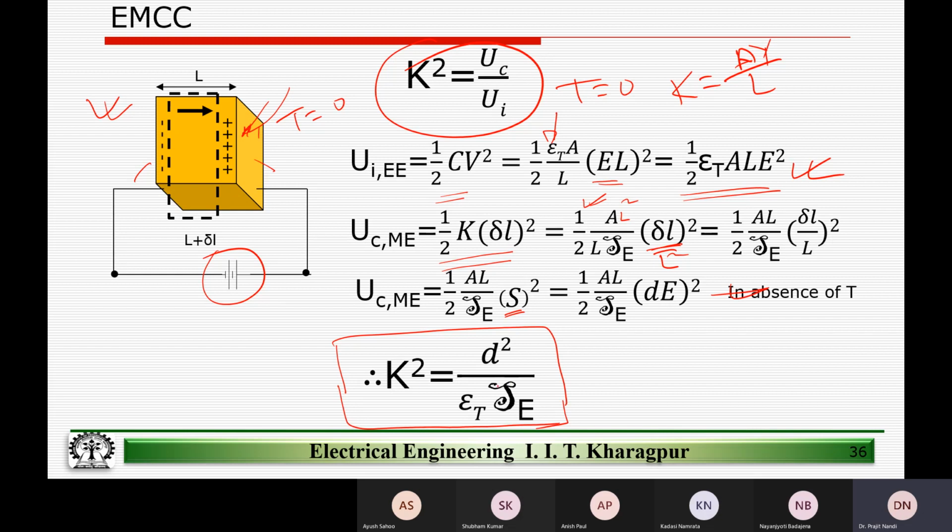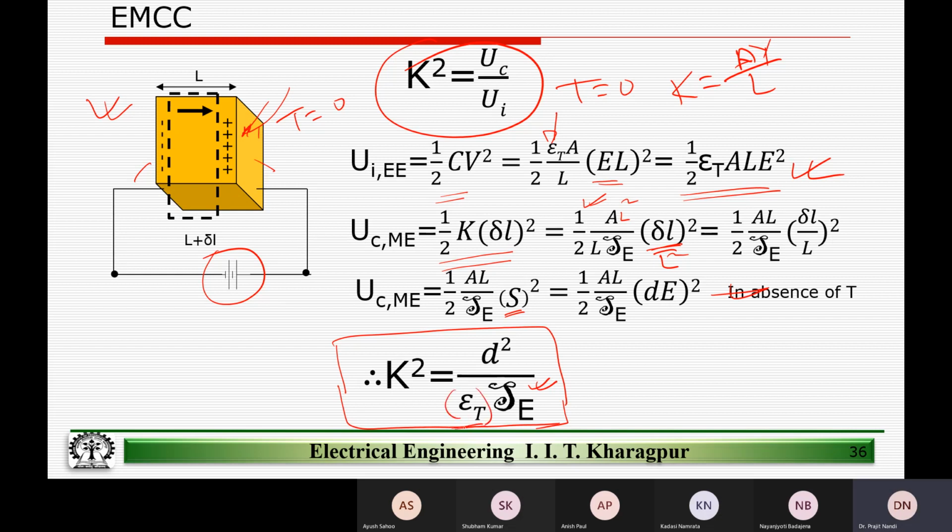Similarly, compliance, right? If the compliance is lesser, what happens? If the compliance is lesser, the k becomes higher. So does this have an intuitive feel? Or even epsilon T, right?